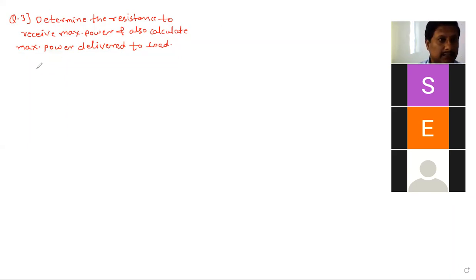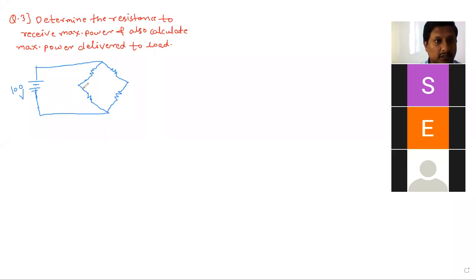So the diagram will be like this. So this is 100 volt. Okay, so this resistor is 100 ohm. This is 200 ohm.